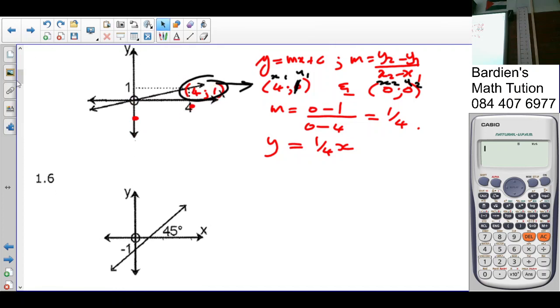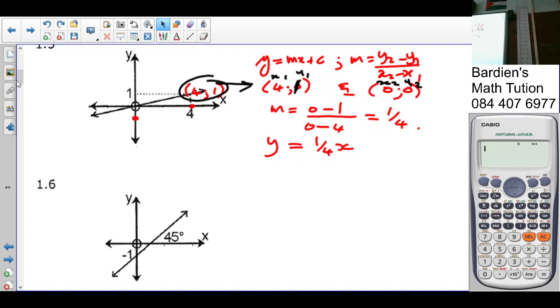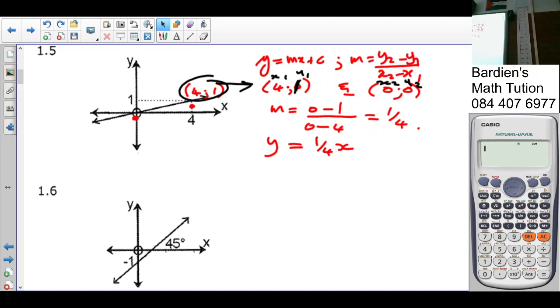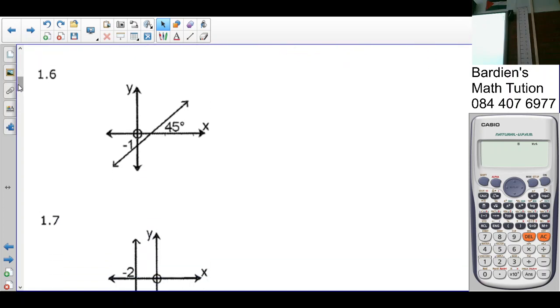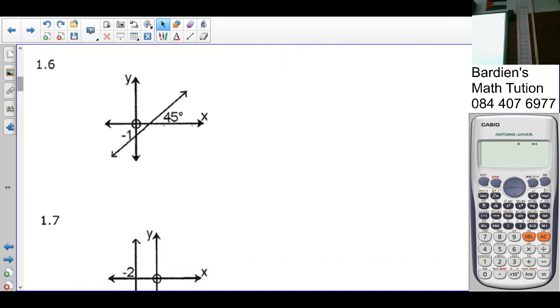Let's look at the next one, 1.6. Okay? The gradient here... sorry, the angle of inclination is 45.